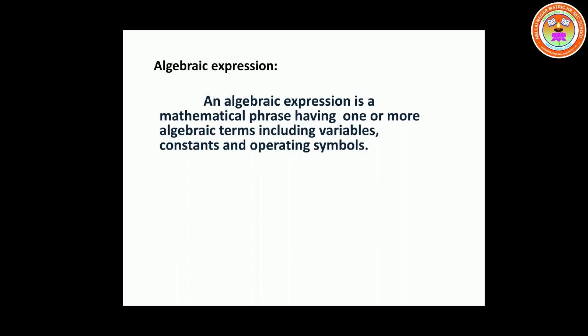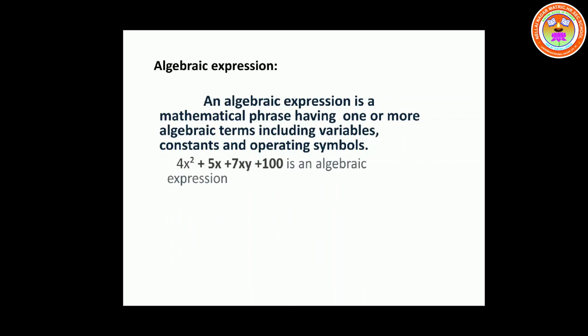So those are the 4 operating symbols. You have already learnt in your previous classes what algebraic terms are. So an algebraic expression includes one or more algebraic terms having variables, constants and the operating symbols.